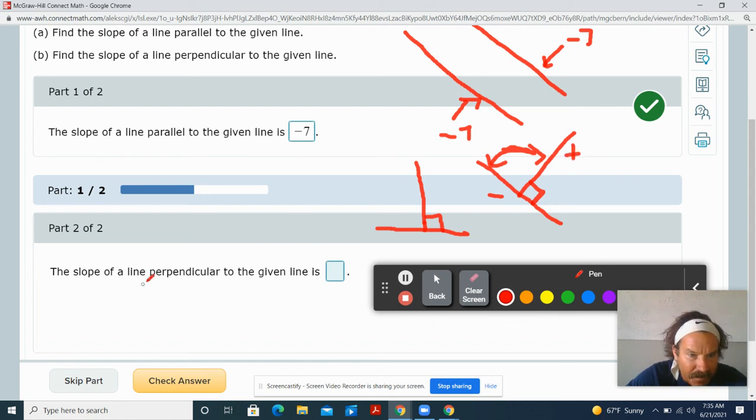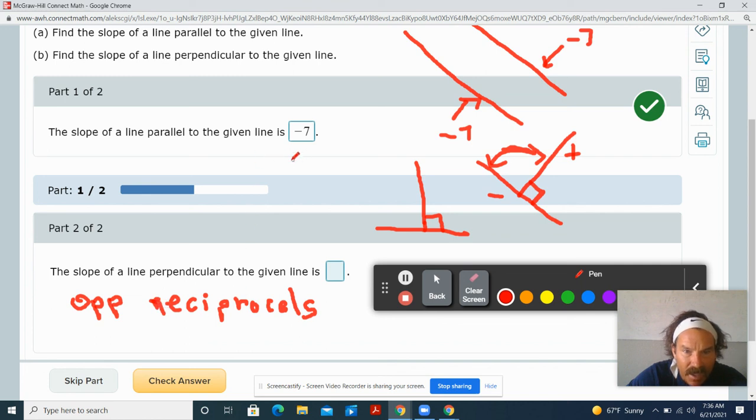So lines that are perpendicular are opposite, and I'm going to use a big word here, reciprocals. Opposite reciprocals. Okay. What a reciprocal is, it's a fraction that's turned upside down.